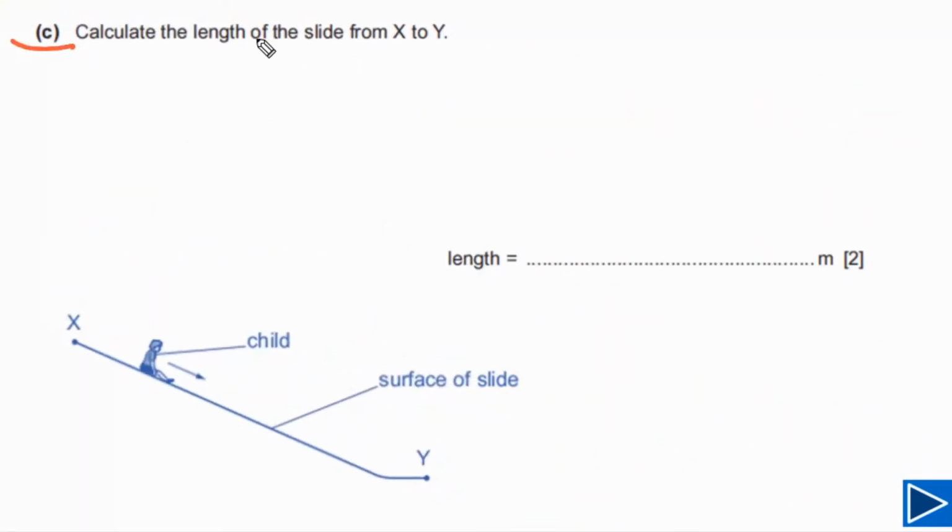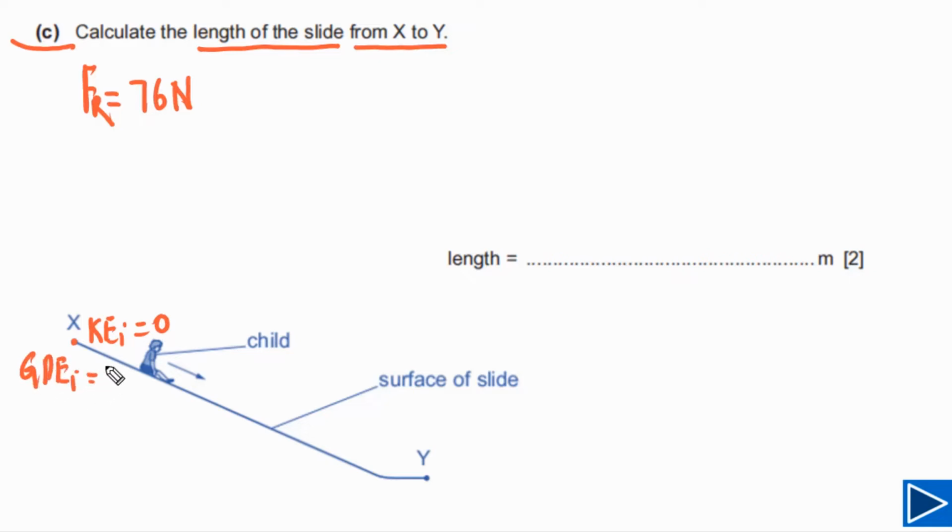For part C, we need to calculate the length of the slide from X to Y. For this question, the resistive force acting on the child is given to us, that is equal to 76 newtons. It is also given to us the value of KE at X, means KE initial, this is equal to 0. And GPE initial for this question is also given, that is equal to 3200 joules.